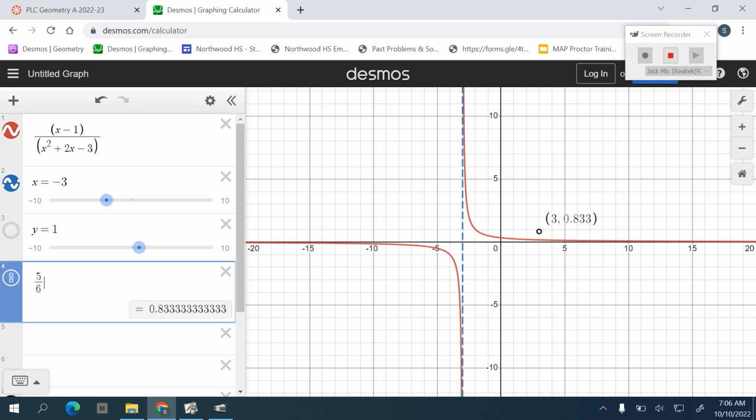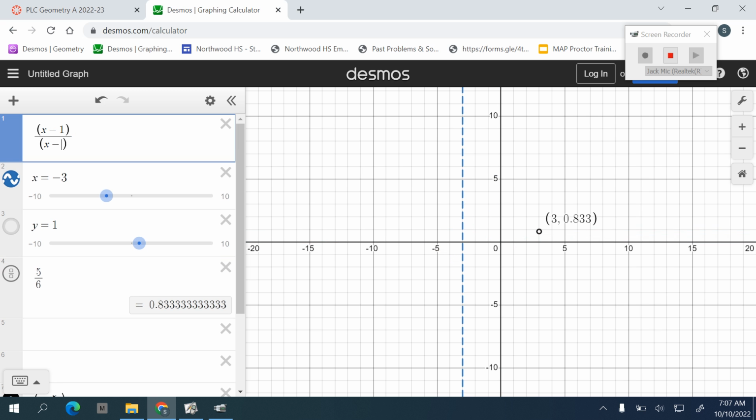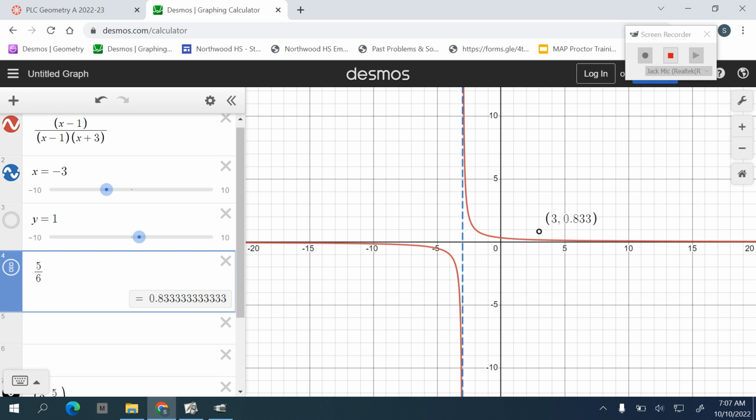Let's see if I did that right. I have, let's change that to, should be x minus 1 over x plus 3 and let's see what's going on with my math here.